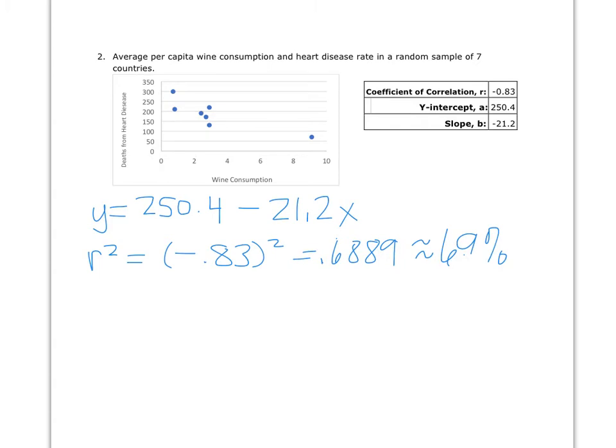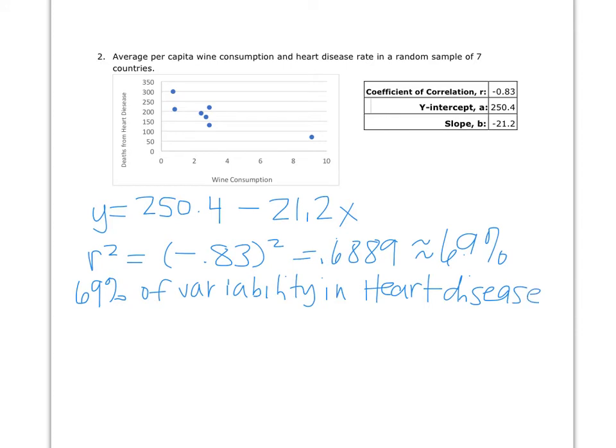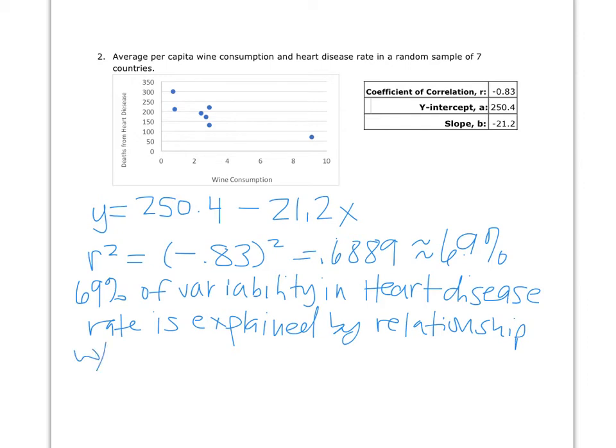So interpreting that, we can say that 69 percent of the variation or variability in the heart disease rate is explained by the relationship or correlation with the wine consumption.